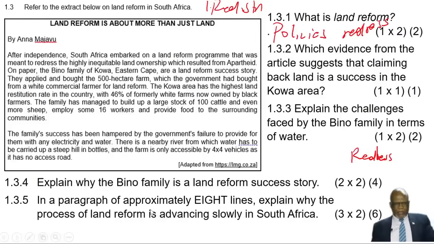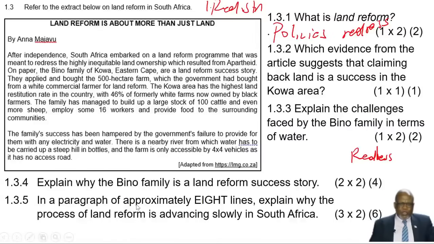So what happened during apartheid? Land was distributed to people, but the land was distributed unfairly. So what is the policy of land redistribution doing?